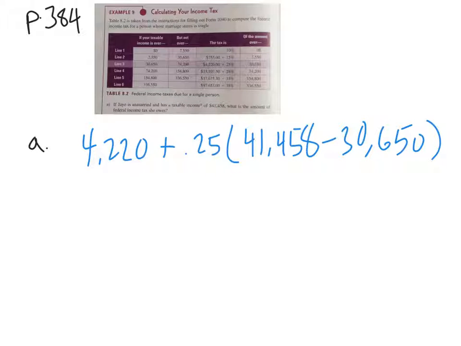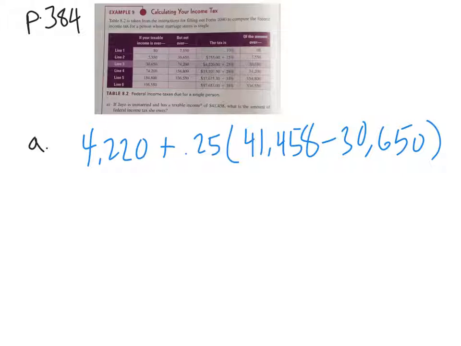Okay, so check this out. If you just follow that line, it says, well, obviously we're in this bracket here, and it says the tax is 4,220 plus 25% of the amount over 30,650. That's what this calculates. This is our income minus that number. That would get us the amount over 30,650.